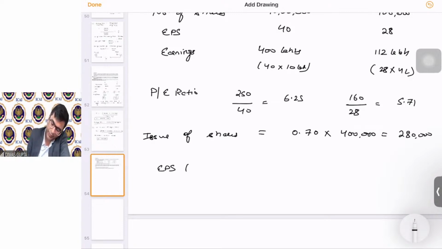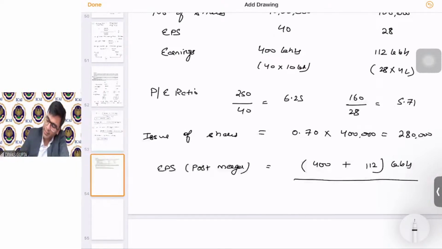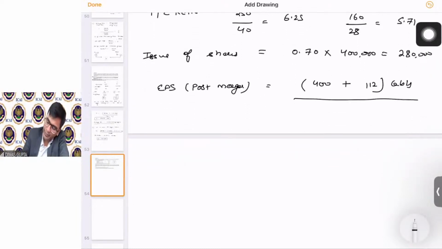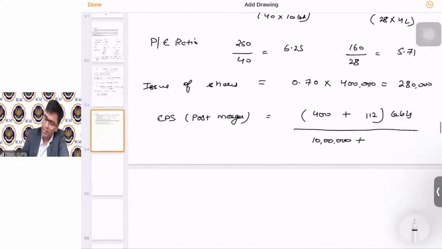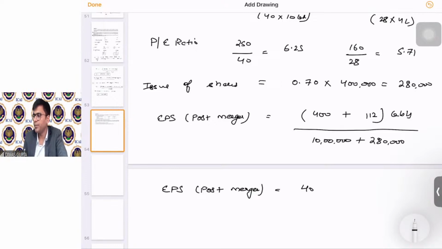So EPS post merger becomes 400 plus 112 lakhs, this is the combined earnings, divided by 10 lakhs, the existing number of shares for XYZ Limited, and 2,80,000 is what we are going to issue next. So EPS post merger, students, becomes 40 rupees.